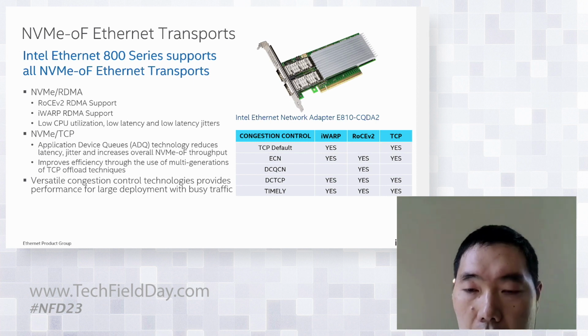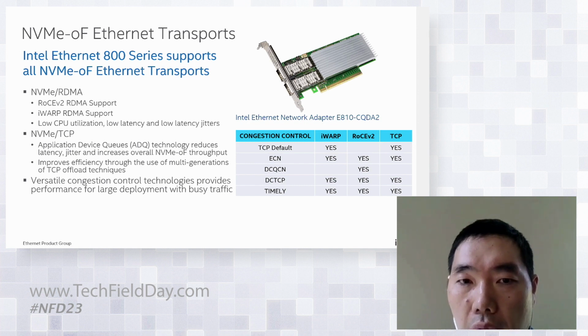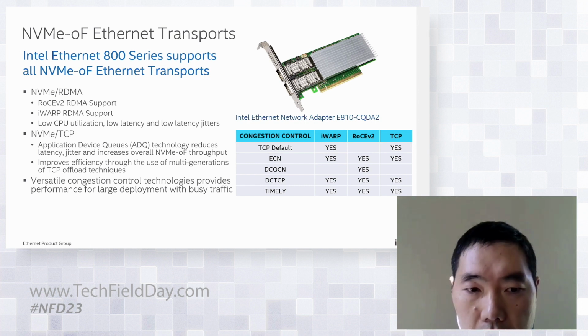And you can look at the table on the right side. For different Ethernet-based transports, we have multiple congestion control technologies that can help the transport deliver performance in a congested environment. There are mainly two major congestion control mechanisms in the large network data center.